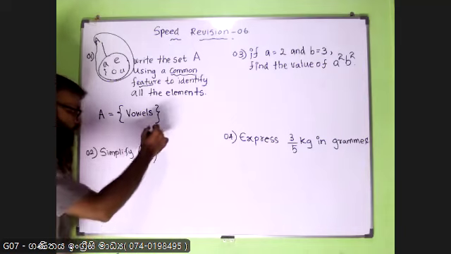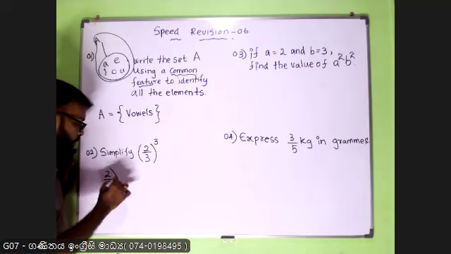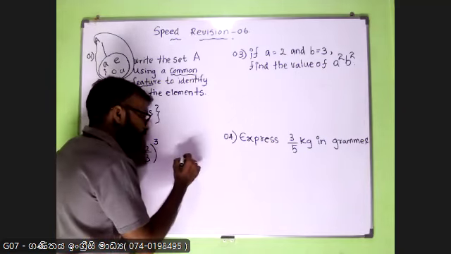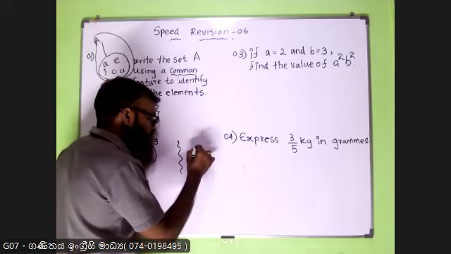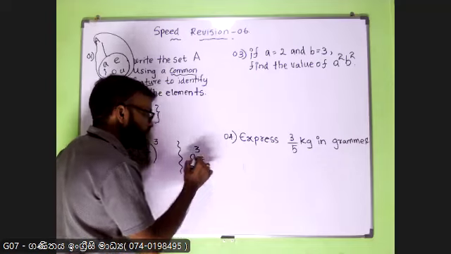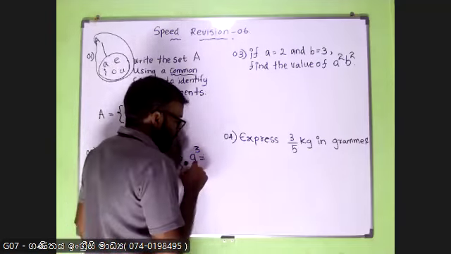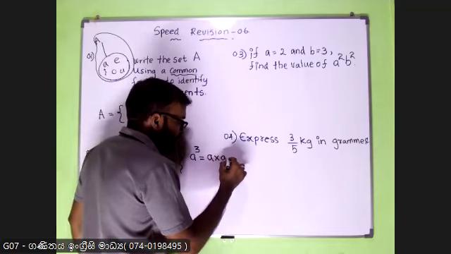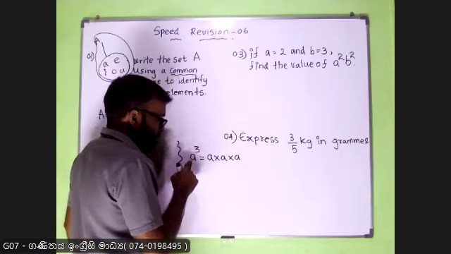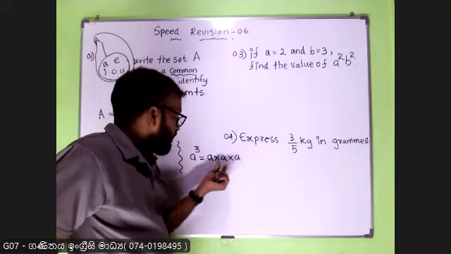Simplify (2/3) to the power 3. So this is 2 upon 3, the whole thing, to the power 3. For example, a to the power 3: how do you expand this? a cube, a times a times a.